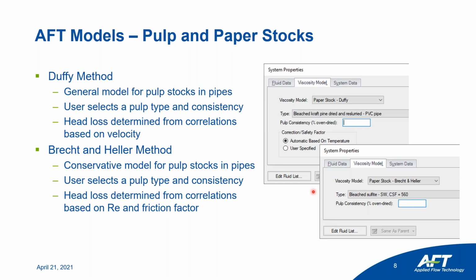So there will be some differences between the exact type and the consistency, but if you were able to use the same type and the same consistency, the Brecht and Heller method would give you more conservative results than the Duffy method. Again, for this method, the user will select a pulp type and a pulp consistency. And when they go to run the model, AFT software is going to determine the head loss across each pipe using correlations based on Reynolds number and a corrected friction factor.